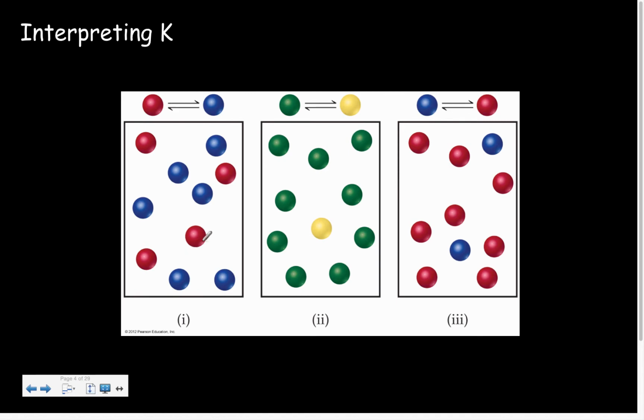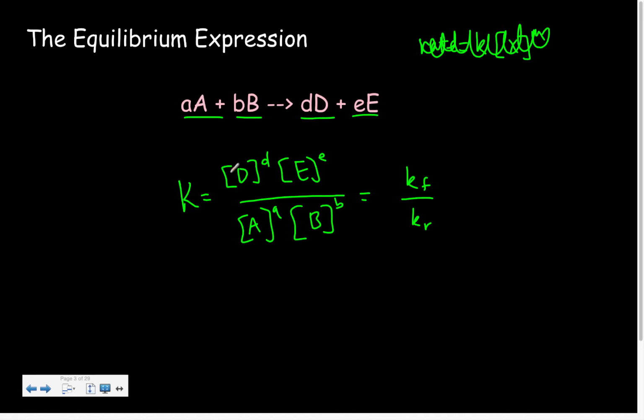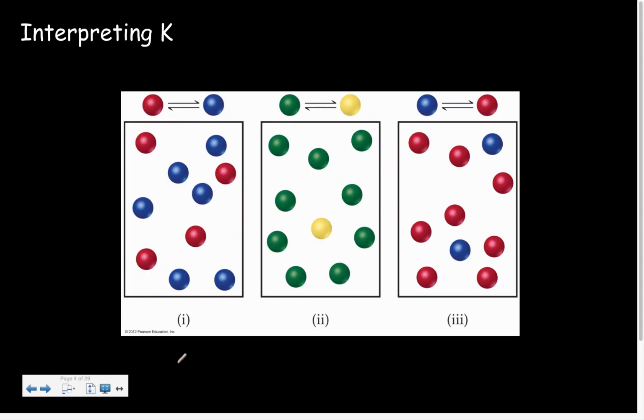Now, interpreting K. If we think about this at its essence, and this is what we talked about in chapters 5 and 19, this is the relationship between product and reactant. We have coefficients, etc. But essentially, the essence of it is product over reactant, which means that if we have a large K value, a K value that is significantly greater than 1, what does that mean?